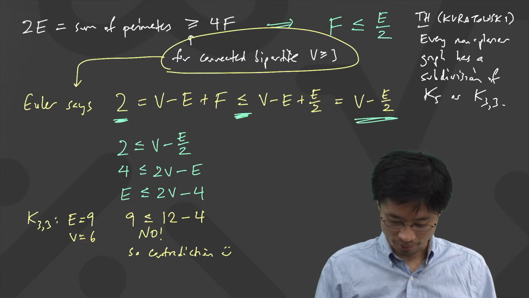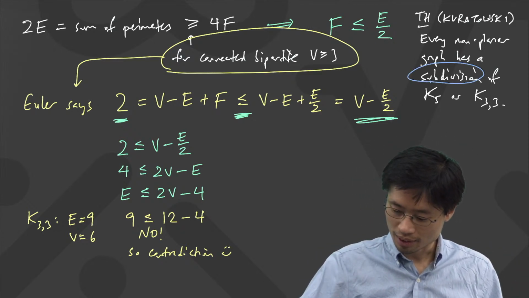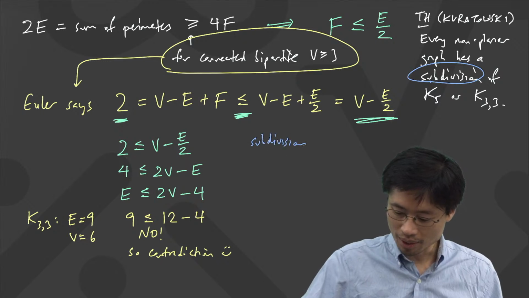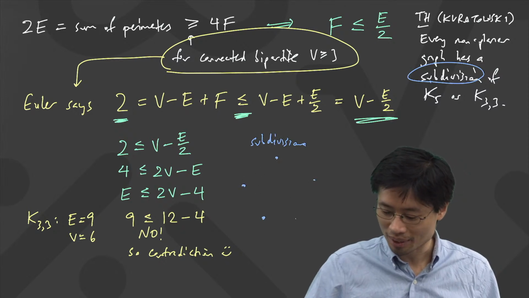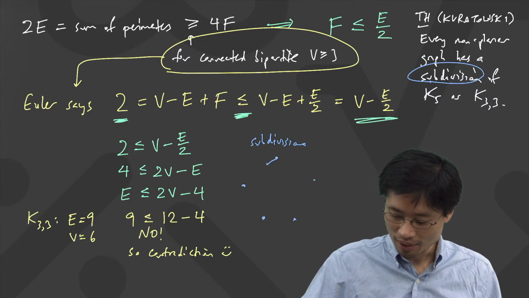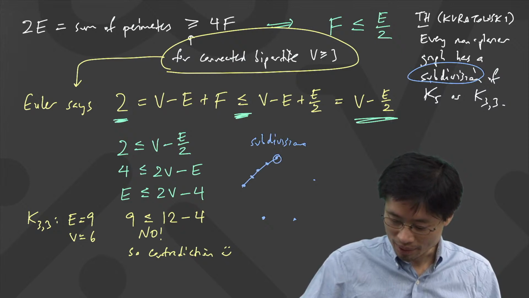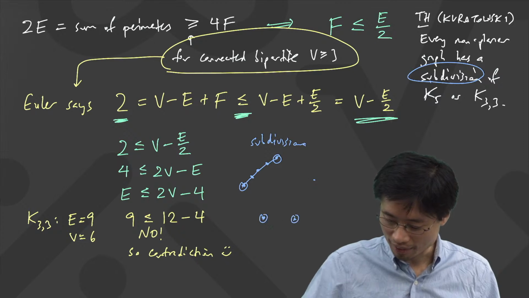What's a subdivision? I'll just draw a picture. A subdivision is something like this, and here I'm going to draw it in a non-planar way, because it's not planar. It took a while to get there. Let me circle the vertices of the K5.